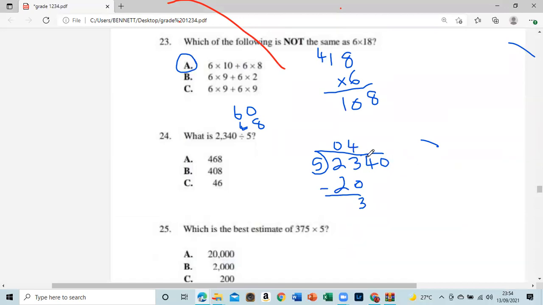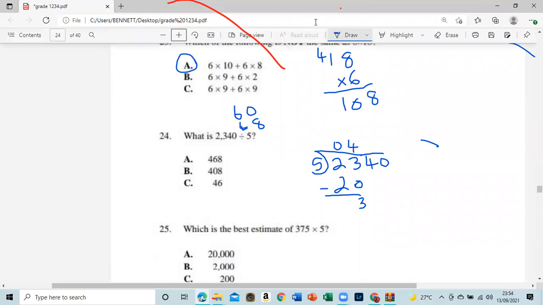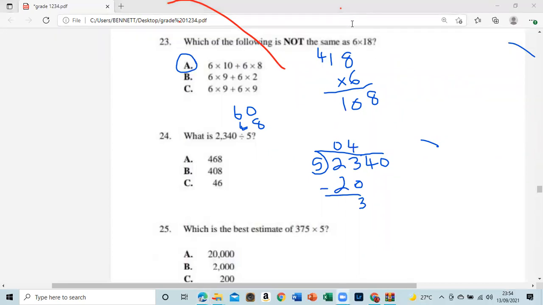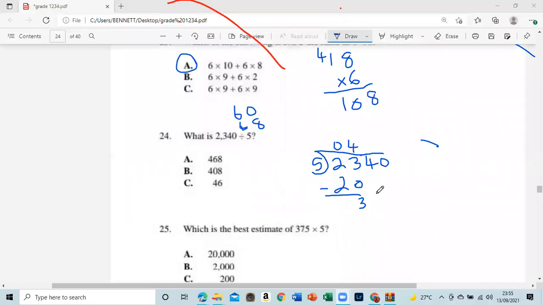Alright, and then 5 into 3, how many 5s can I get? Carry down the 4, then subtract.